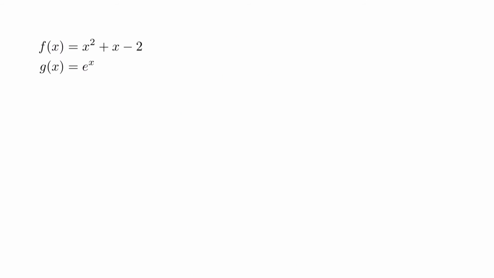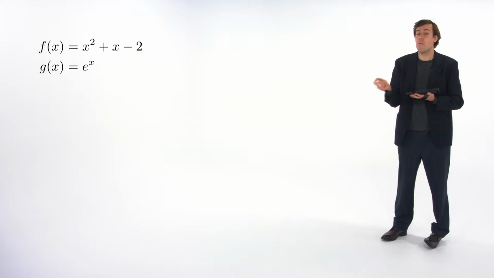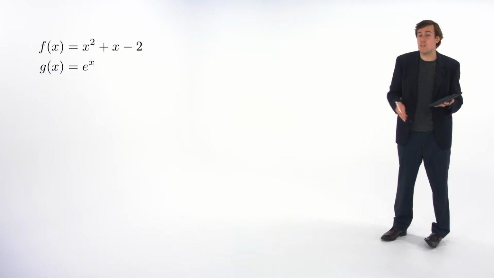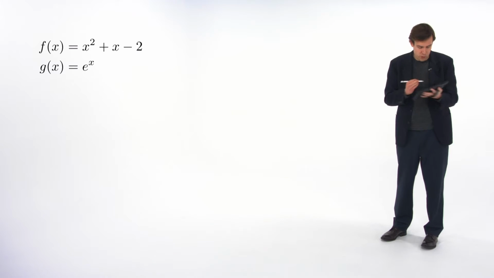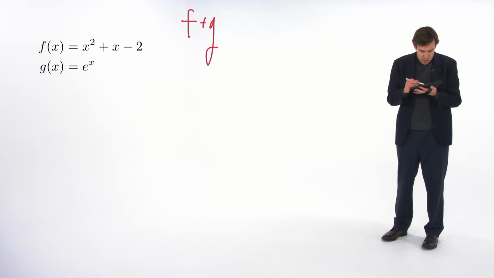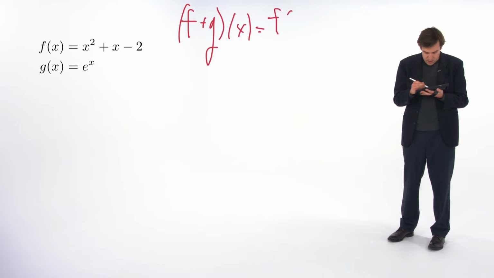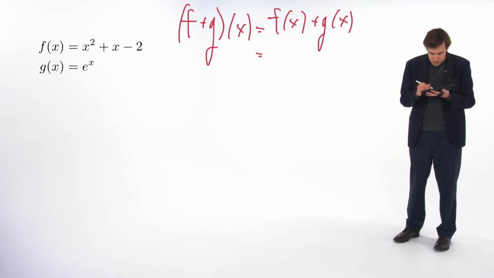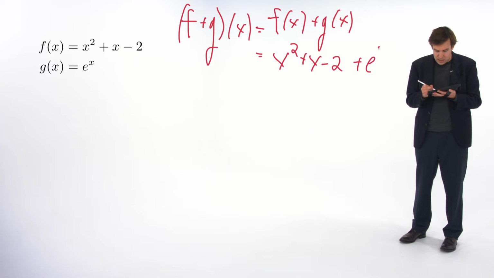Let's look at another example. Here f of x is x squared plus x minus 2, and g of x is e to the x. For this, I'll have to be a little bit more careful because they're not functions of the same type. One's a second degree polynomial, the other's an exponential function. Let's start with f plus g of x, which is f of x plus g of x. So x squared plus x minus 2 plus e to the x.